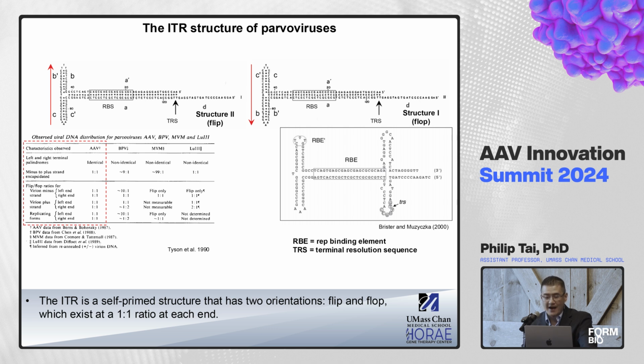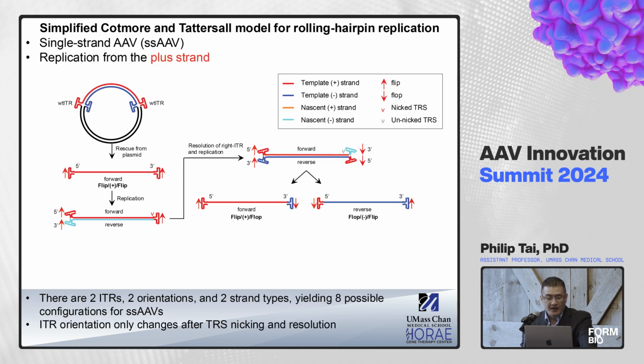There seems to be some bias, right? And so, how do these different compositions form? I think this is important because when we consider flip and flop, it can tell you a lot about how the molecule is actually being replicated in the production lines.